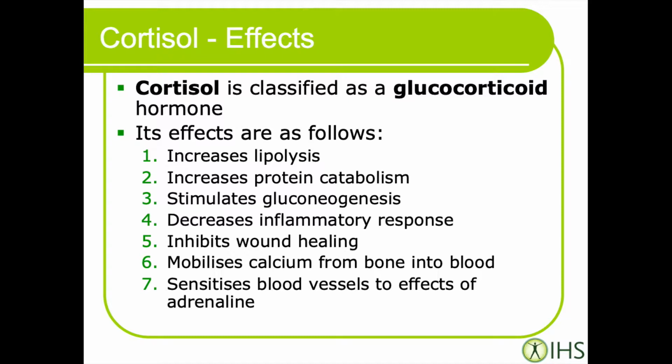So it increases blood glucose by increasing gluconeogenesis in the liver. It also decreases the inflammatory response. It inhibits wound healing. It mobilizes calcium from the bone into the blood, and it also sensitizes the blood vessels to the effects of adrenaline.